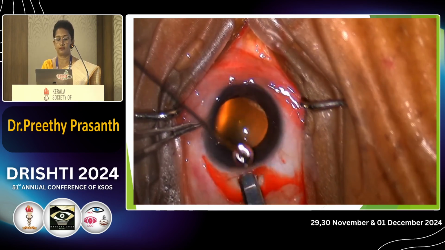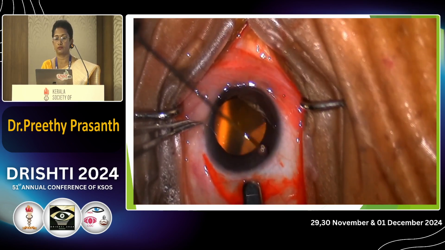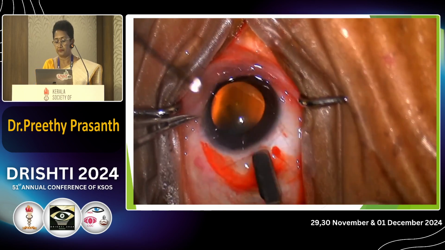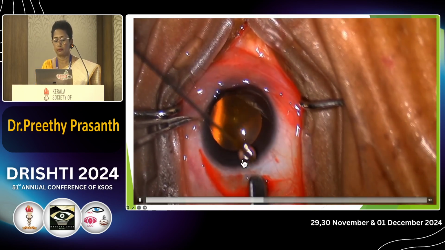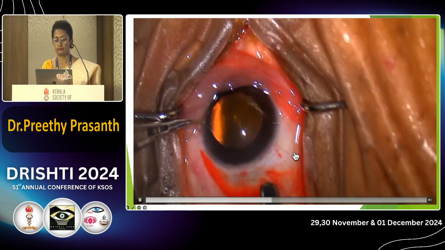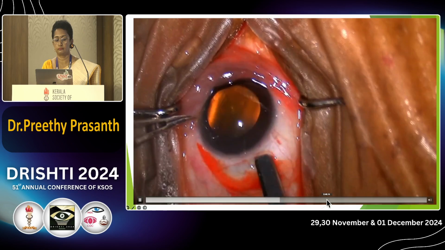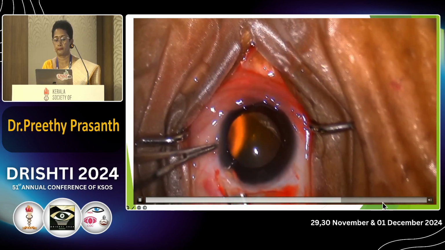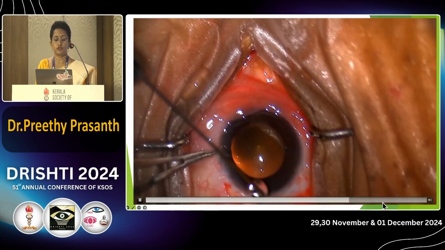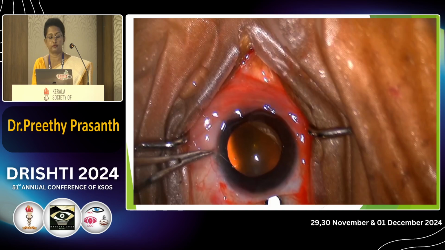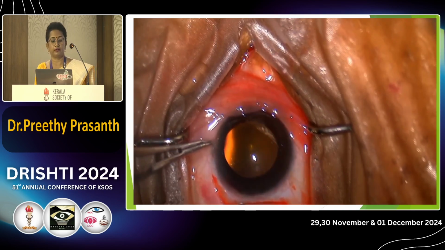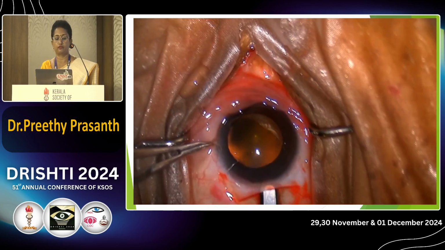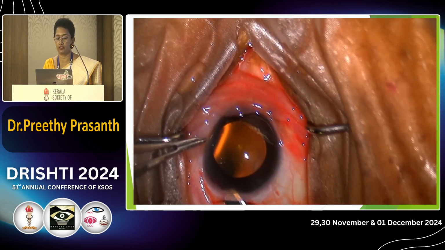You can start at one end and continue till the other end so that a single plane is attained. Care should be taken that you are not too superficial so that buttonholing is done, and you are not too deep so that there is more bleeding from the root of the iris and chances of premature entry.